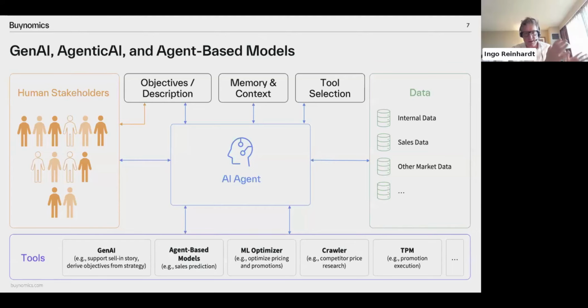stakeholders typically define the objectives, but in practice, I think that it can be a bit more complicated, right? So there might be something like an overall company goal, and it's not straightforward how to translate that into a specific RGM goal. The standard example that we always have is we're asked by a CEO, can the tool tell me what is the best way to increase net revenue by 5%?